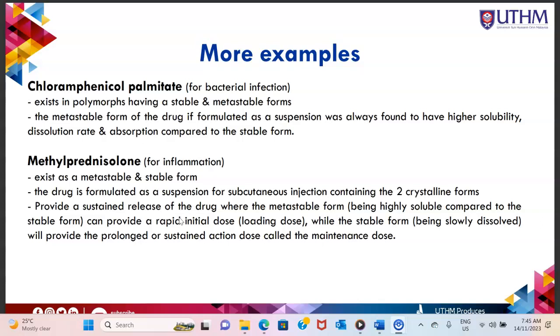This is used to treat bacterial infections. So you can see it exists in polymorphs, having stable and metastable forms. The metastable form of the drug, if formulated as a suspension, was always found to have higher solubility, dissolution rate, and absorption compared to the stable form.